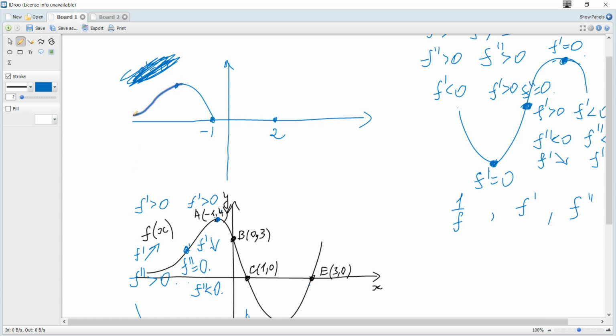So it looks like this, and it seems that it falls. And actually we know the derivative is a gradient of a tangent, so you can see that here the tangent becomes more horizontal, and the more horizontal the tangent is, the closer to 0 the gradient is. So we can suggest it falls to 0.